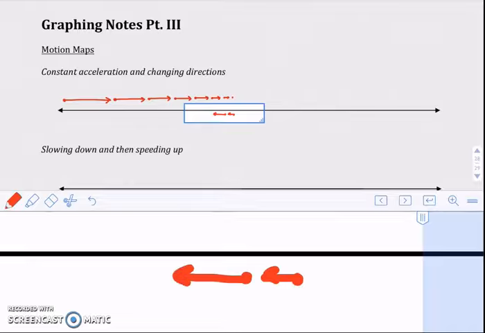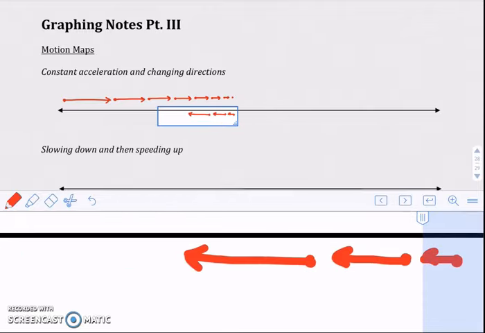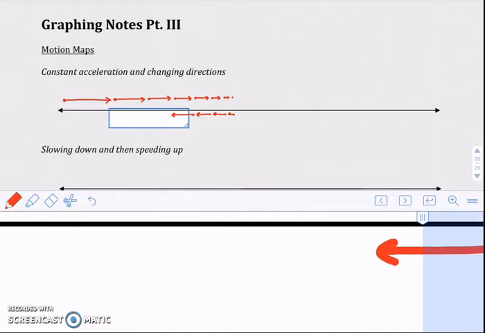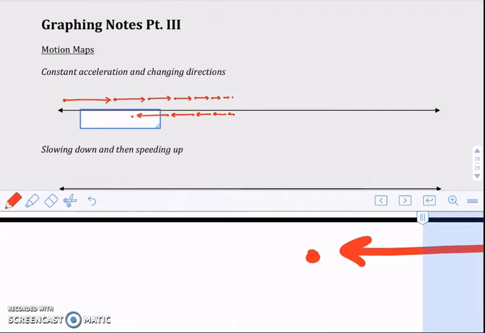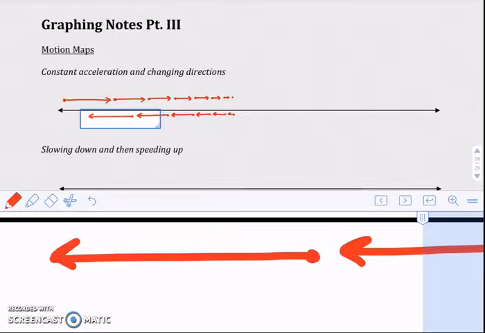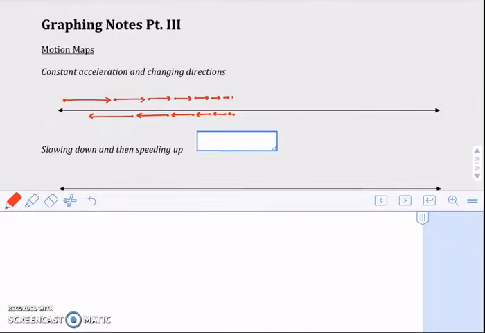And then again, it's going to speed up and go faster and faster in the other direction. Maybe that one was a little too much of an increase. It's going to speed up a little bit every time. And we know it's going faster and faster because the arrows are getting longer and longer. So here's our motion map.